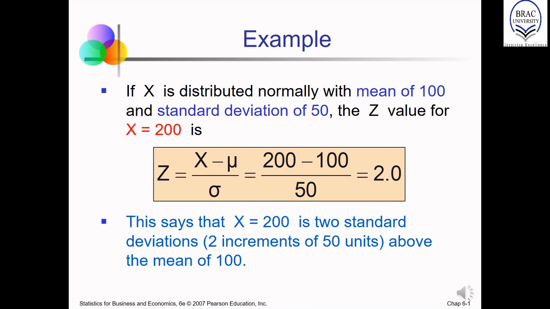So X was 200, we've converted our X to a Z which was equals to 2.